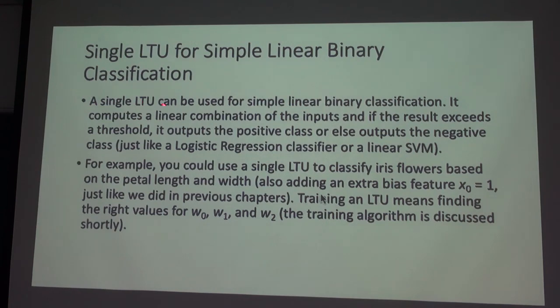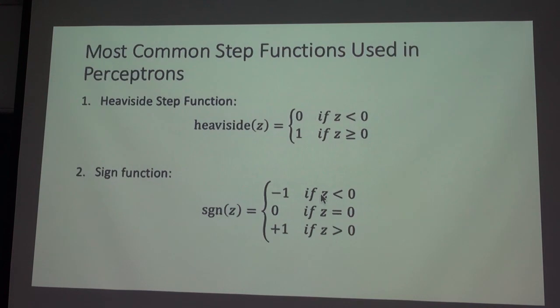A single LTU can be used for simple linear binary classification. It computes a linear combination of the inputs, and if the result exceeds a threshold, it outputs the positive class, or else it outputs the negative class. Assuming we are using the Heaviside step function, you can see clearly that it has two different classes, either 0 or 1.